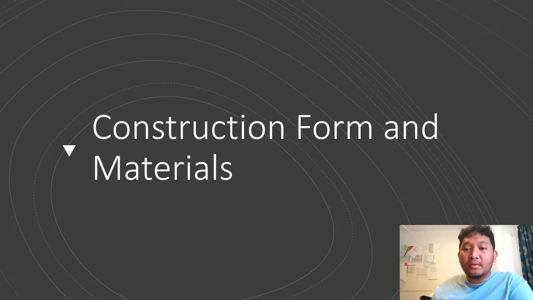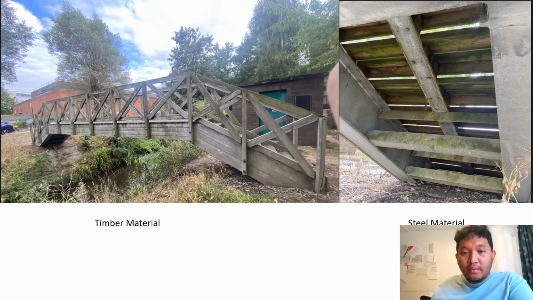So what is the construction form and materials that I inspected? Based on my inspection, there are two kinds of materials. First, almost 90% of these bridges, especially the superstructure, consists of timber material.